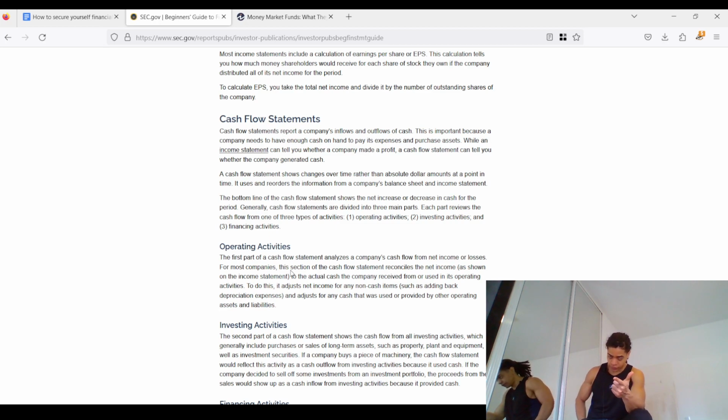Accrued expenses, which are expenses that a company incurs for its day-to-day activities, whether it is income taxes, salaries, utility bills, payments to vendors and creditors, rent.